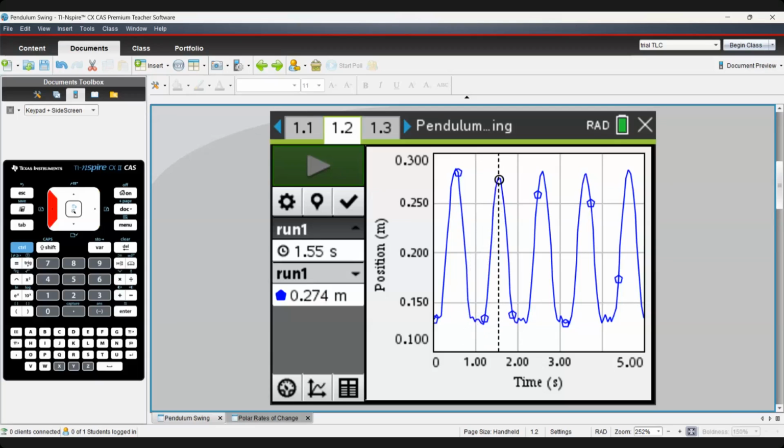So it looks to me like it's taking 1 second to repeat that motion. It's taking 1 second for my pendulum to get the furthest away from the motion detector, come back as close as it can, and then go back. So I've essentially figured out that my period is 1 second. So my B is going to be right about 2 pi. My B value is right about 2 pi.